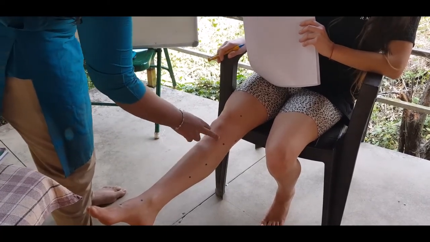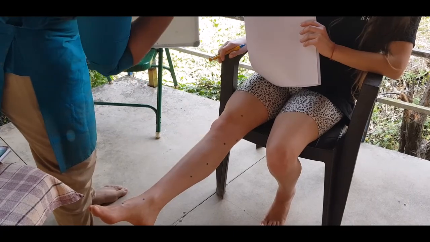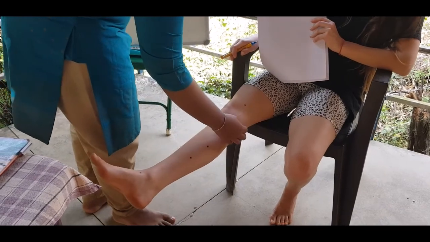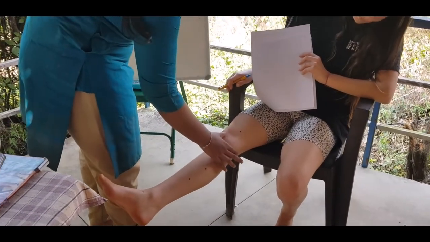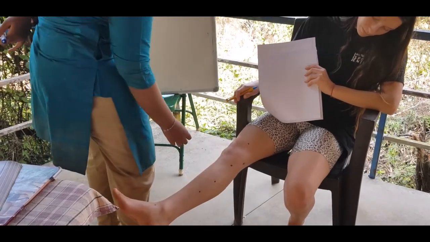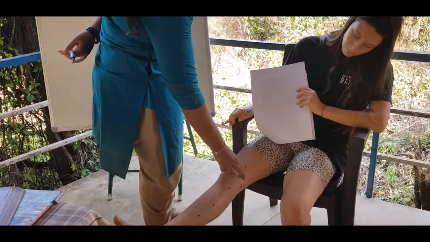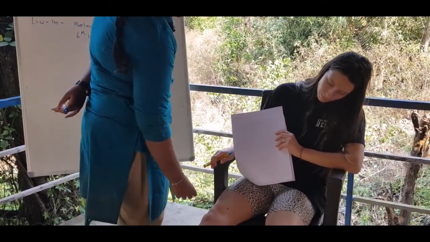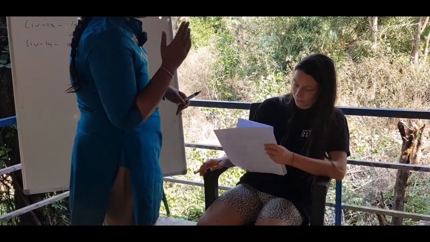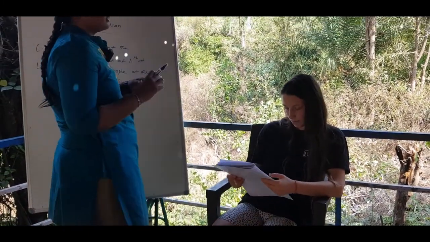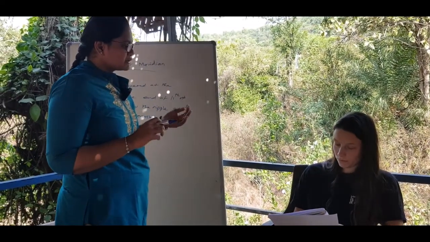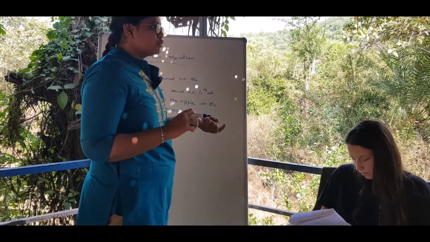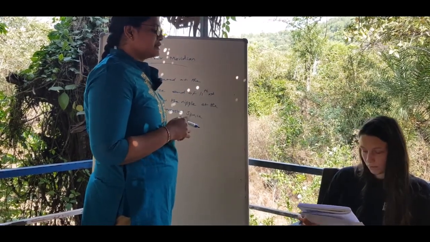The posterior aspect of the medial condyle of the tibia is liver 7, and liver 8 is located at the end of the popliteal crease. From the medial condyle of the femur, if we take 3 chun, we get liver 9. Liver 10 is 3 chun below stomach 30, and liver 11 is 2 chun from stomach 30.